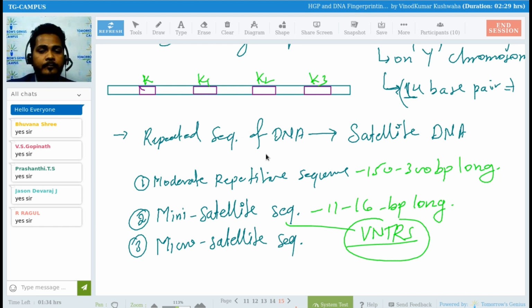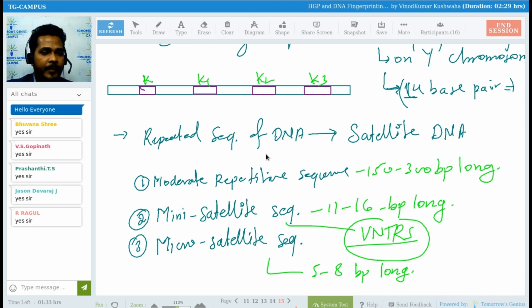Now another one is called the micro satellite. This micro satellite is found in the genome, and it is 5 to 8 base pair long.